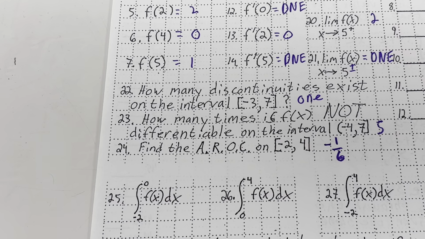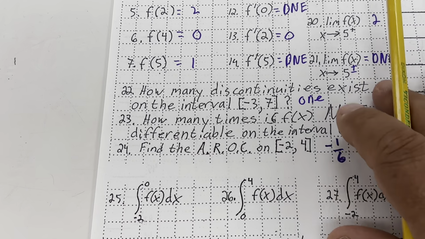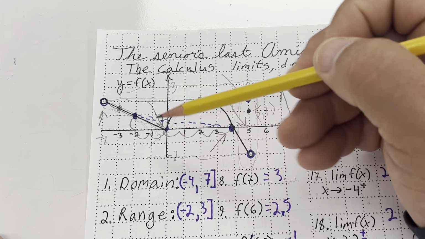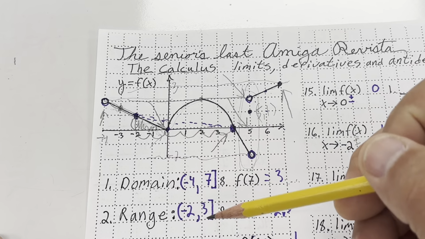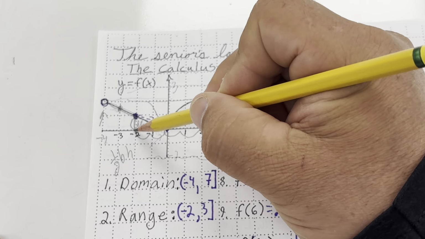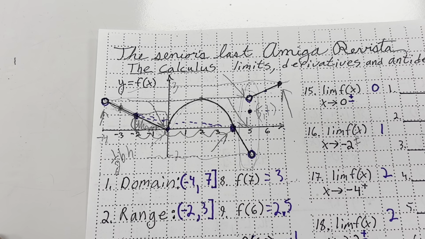For number 25, we want to find the area under the curve of f of x from -2 to 0. So the area under the curve from -2 to 0 is going to be this cute little triangle. We could use the area formula, which is 1/2 base times height, or we can just count the rectangle that the triangle's inside of and then cut that in half.